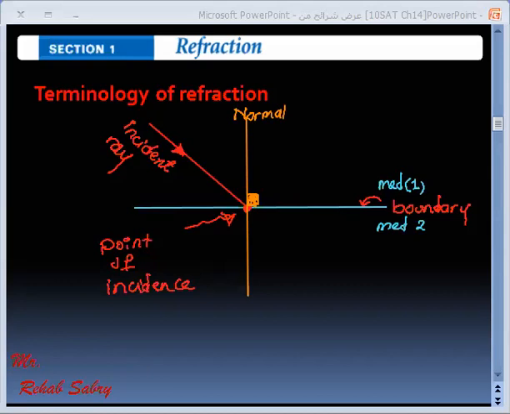Well, now the incident ray will bend towards or far away from the normal. Now here, let's make it move far away from the normal, like this. Okay, sorry, let's use the red.